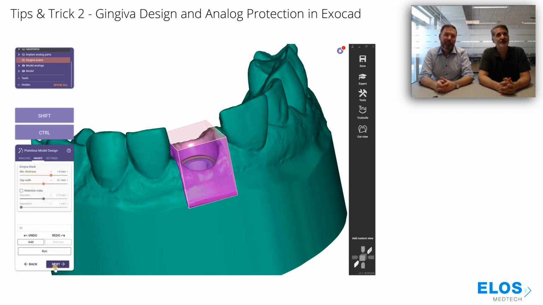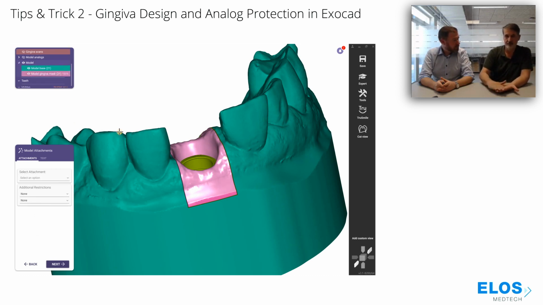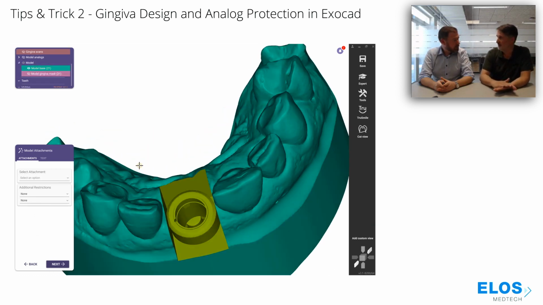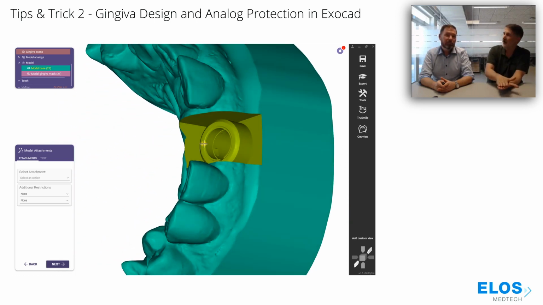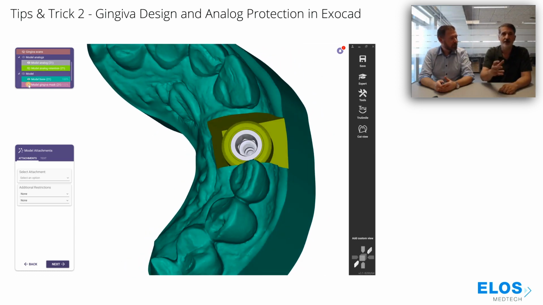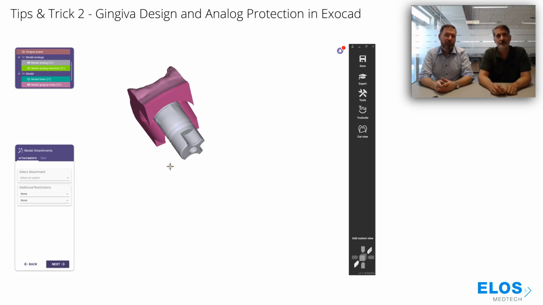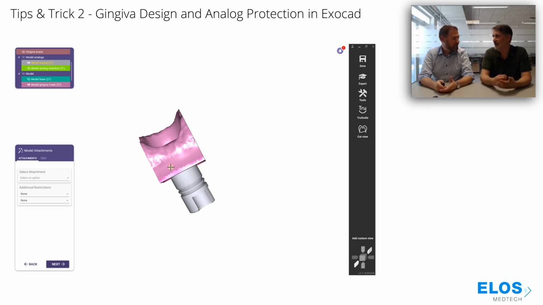But I don't prefer that, because when 3D printing, the first layers are not so precise. If you go directly with the flat side on your printing platform, you don't have this precision in your gingiva mask. So I always recommend printing it upside down. Then you have to connect supports, but they are easy to cut, and you have a very precise surface which just comes in touch with the model. So then it fits.